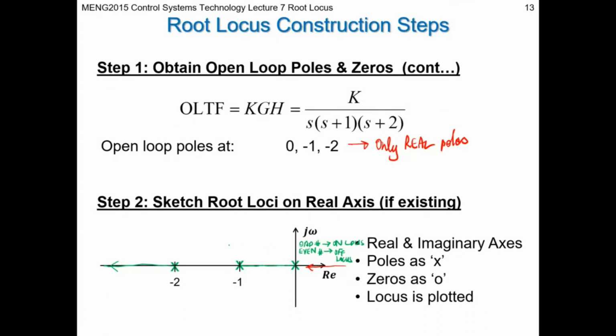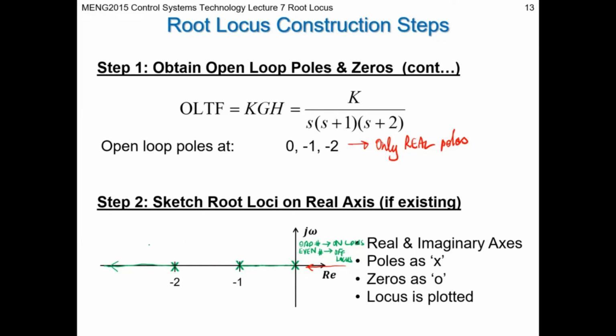If I walk across to this point and I'm looking this way, I'm seeing 1, 2. So I'm seeing an even number of poles or zeros in the positive real direction. Therefore, I'm off the locus.